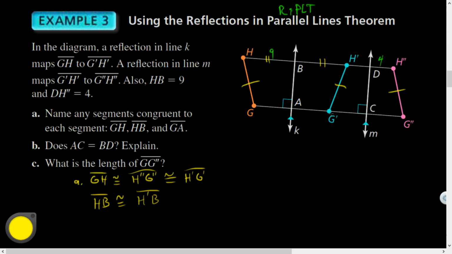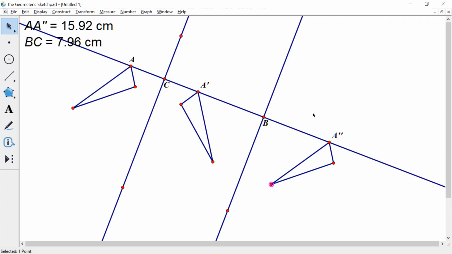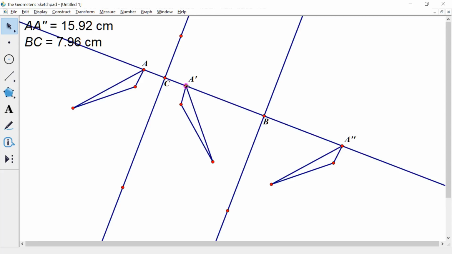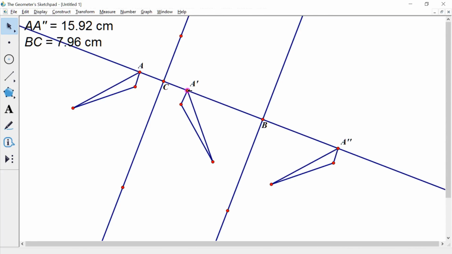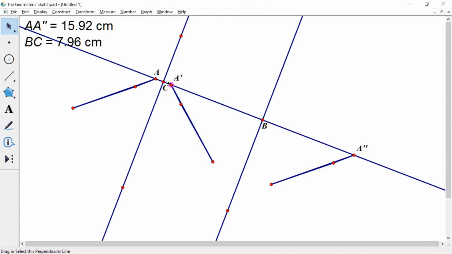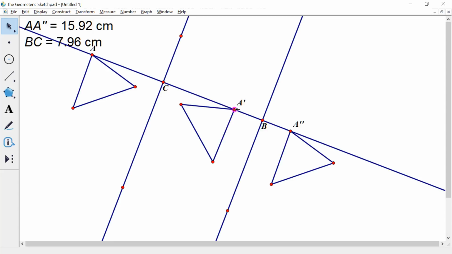I could see trying to make an argument for this one as well, but I don't believe that has to be the case. Actually, let me use this sketch. Yeah, that doesn't have to be the case. Look, I can make these really close, but this segment is not changing in distance from its line.